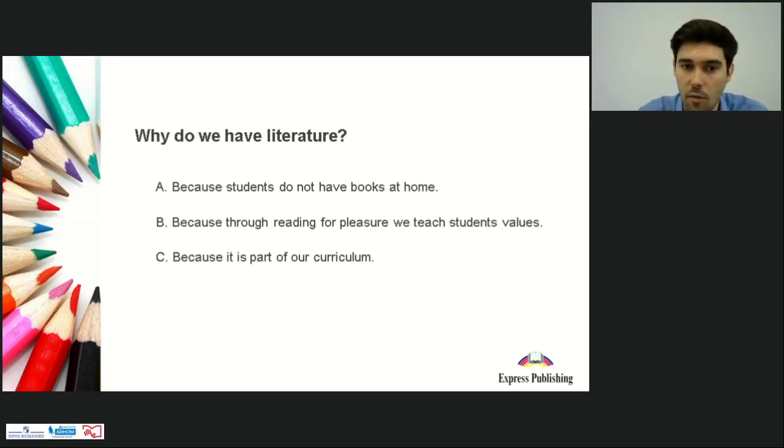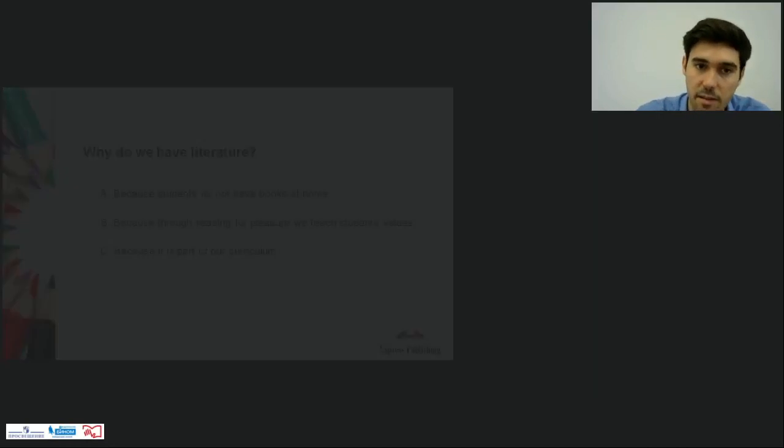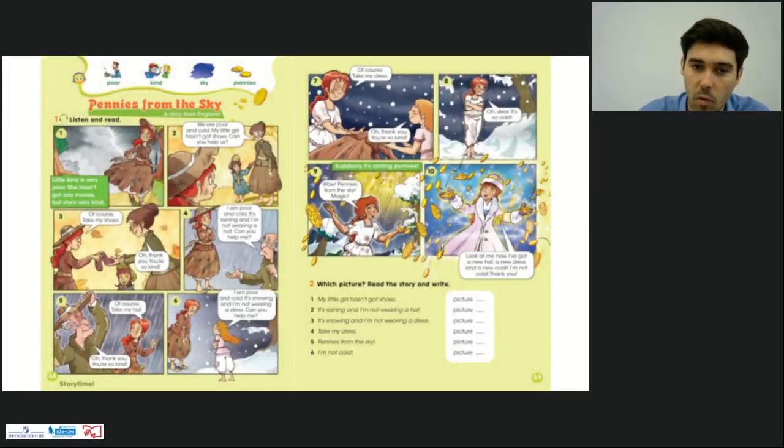But I think our overall answer would be more related to B, because reading for pleasure is a way that we can teach students values. By introducing students to different stories, here we have a story from England, students first of all can read for pleasure. They can follow a new story, something that perhaps they haven't heard before. And within each story we have some kind of value.